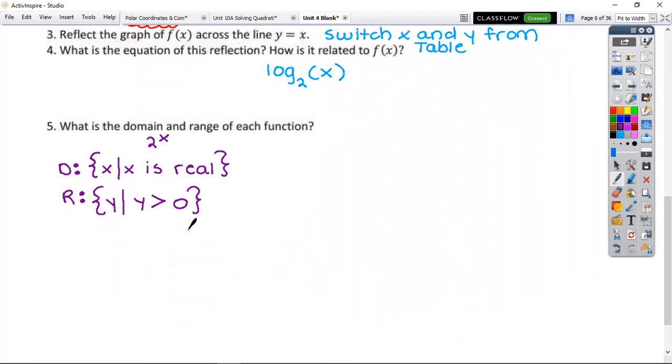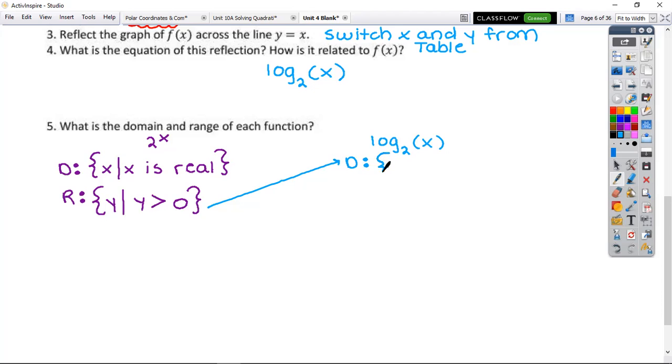Okay. Now we're going to look at the log and draw some conclusions. So the log base 2 of x, what we established earlier is that these two functions are inverses. And inverses mean that x and y switch. The same is true for domain and range. They switch. So if this range was y is greater than 0, then this becomes the domain.